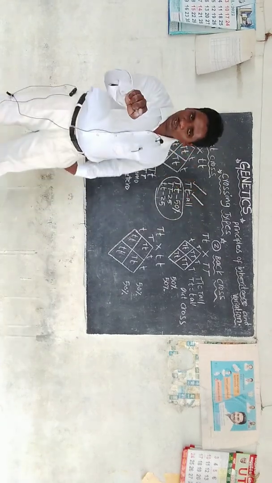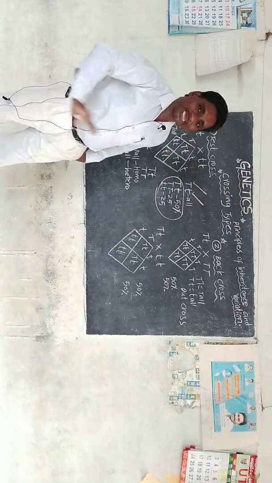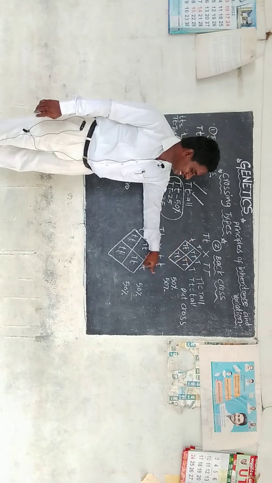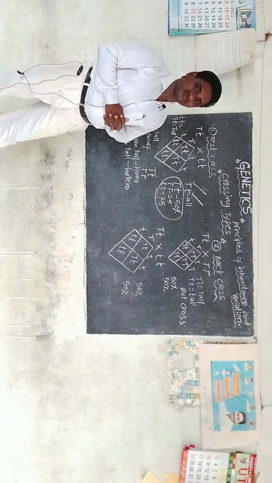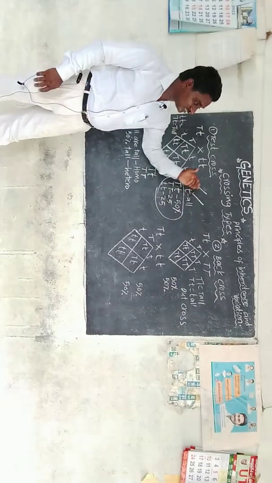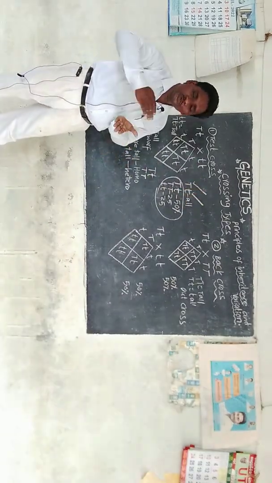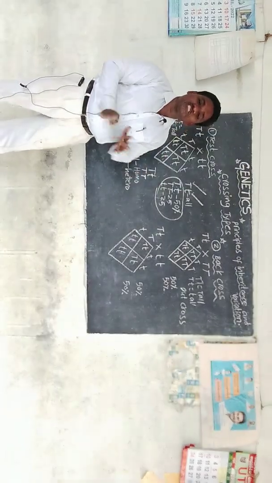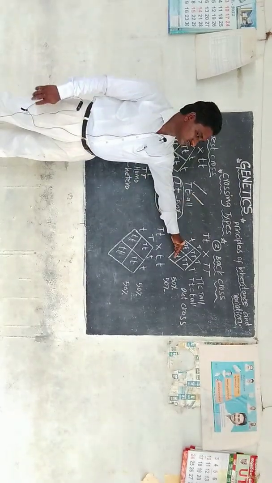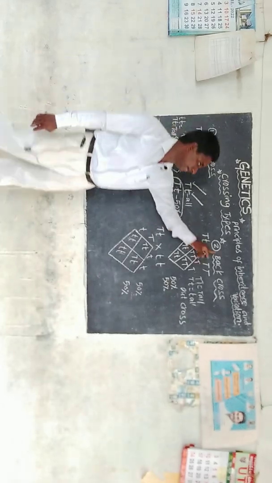If you want to transfer the same characters from the parent to the next generation, do the back cross. The use of the back cross is that you can transfer the same characters, without losing them, from parent to the next generation. That is called the back cross.